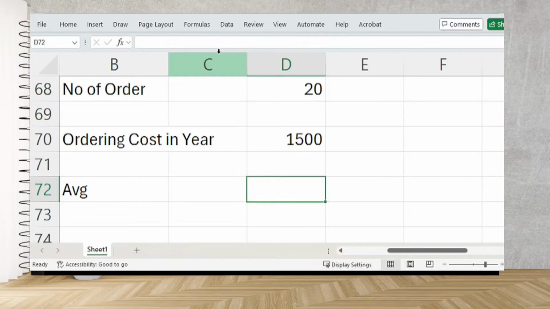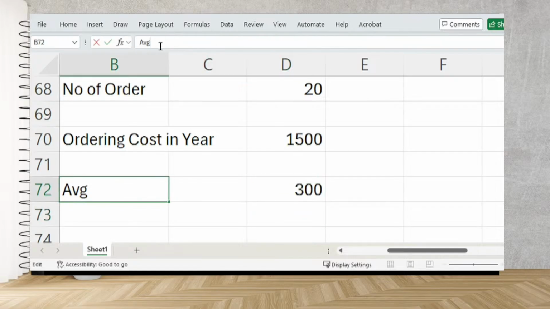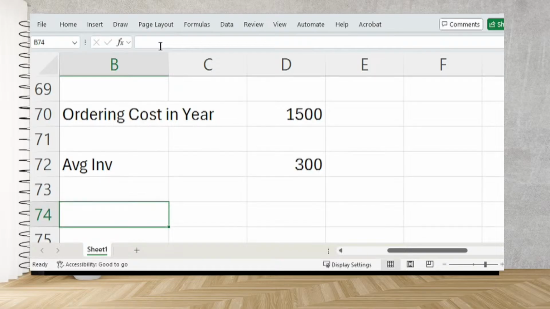Why? Because on the first day I am getting 600 tires and on the last day it is 0. So 600 divided by 2, it is 300.